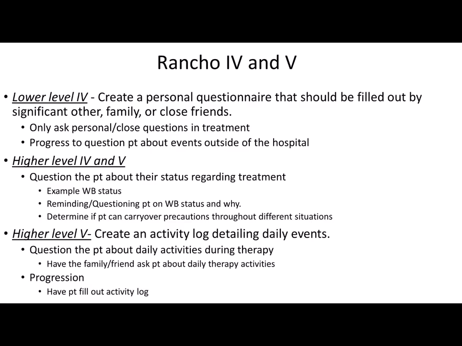As far as working with patients in Rancho's level 4 and 5, I have a couple of ideas here, depending on the Rancho level. Now remember, Rancho Level 4 is going to be highly volatile, so you want to make sure that you're within comfort for the patient.